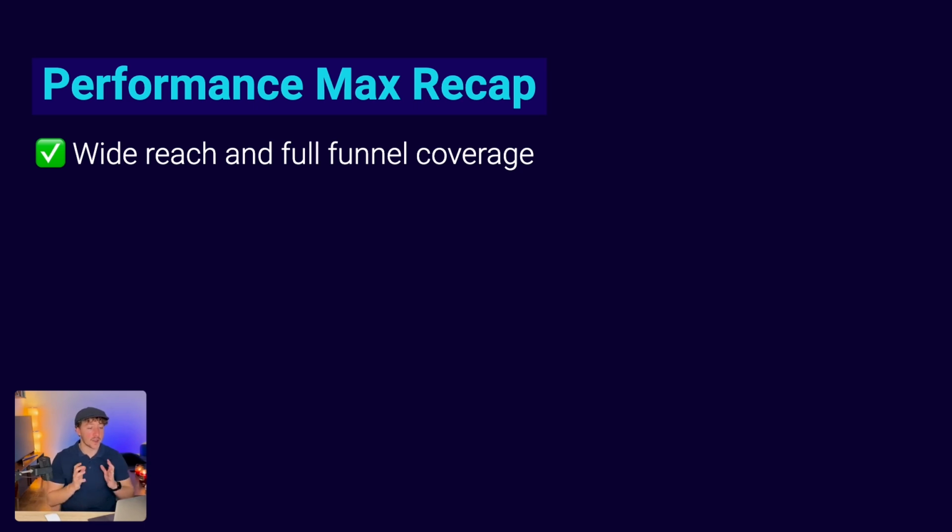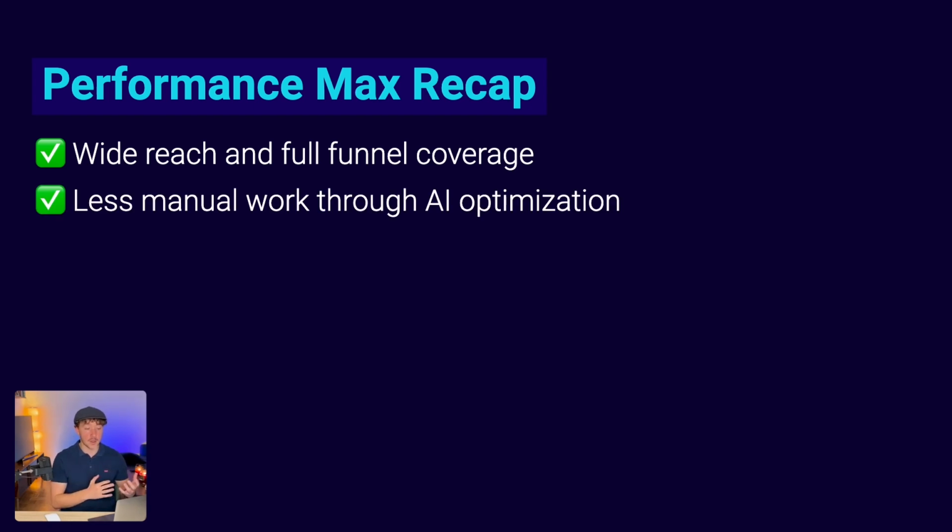Now let's do a recap of the pros and cons of the campaign types. With Performance Max, you get a wide reach, ads are shown across the entire Google network, you benefit from AI power, which should get even better over time. You have the full funnel coverage, so it automatically optimizes for all stages of the customer journey. You have less manual work and a high priority for the campaign. But it also comes with a lot of cons.